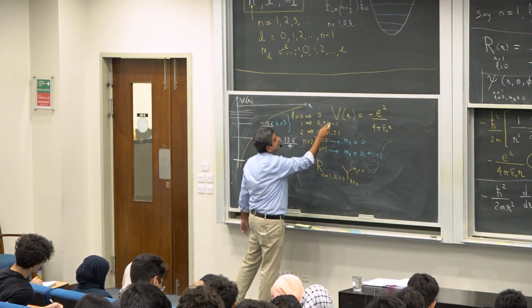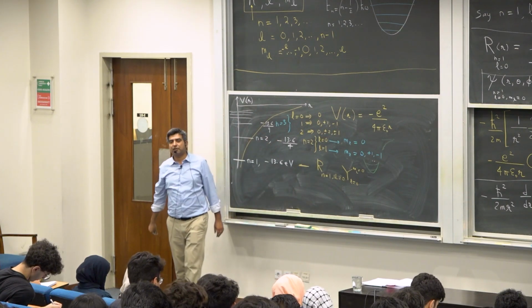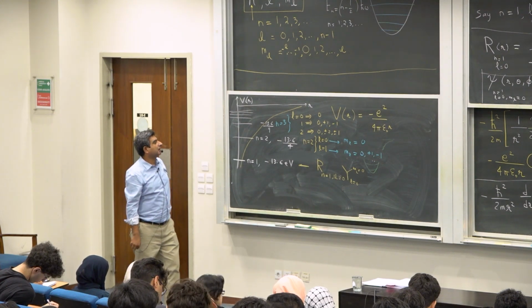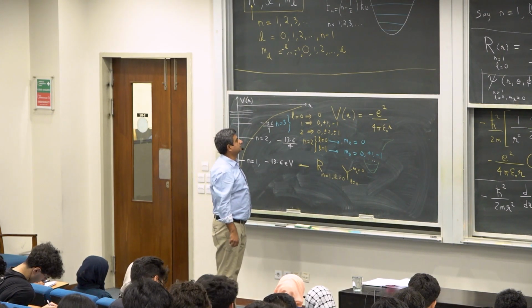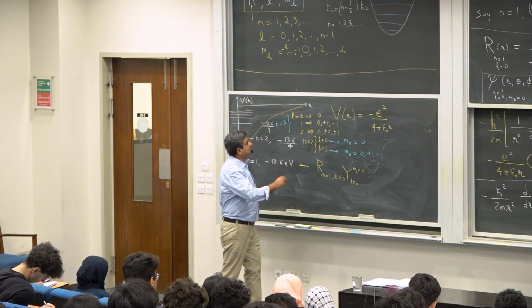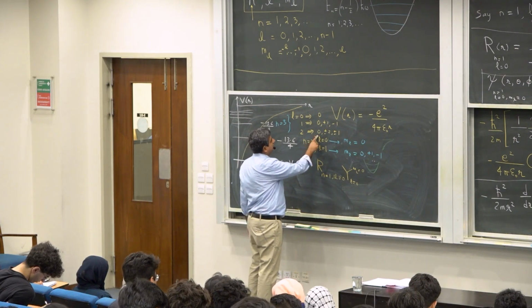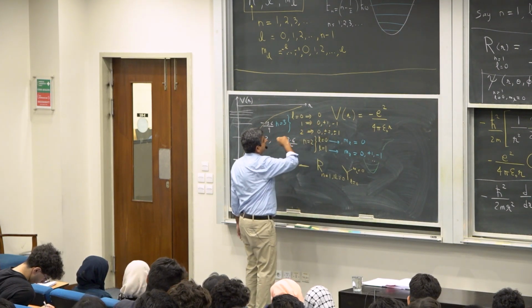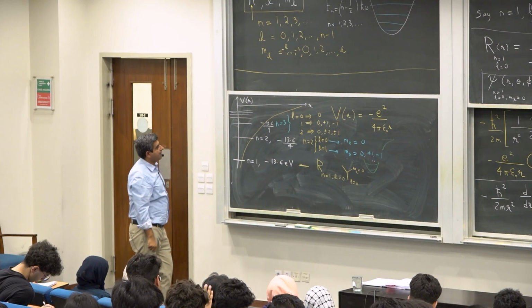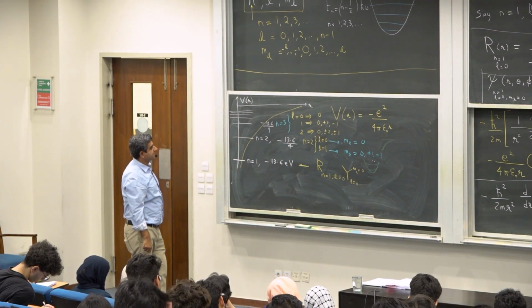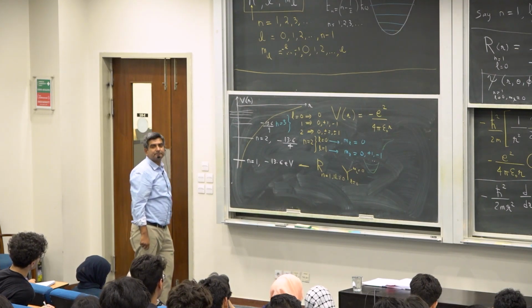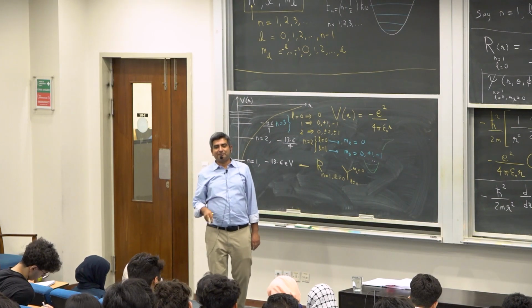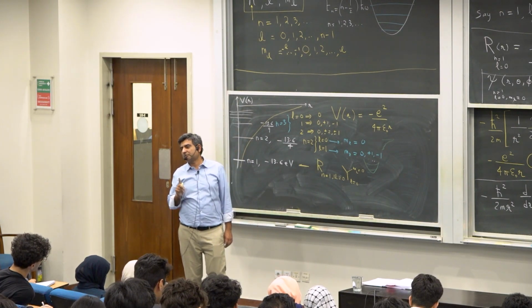That's 1, 2, 3, 4, 5, 6, 7, 8, 9. Nine states, which can house 18 electrons, by the way, because we're not considering the spin of the electron.